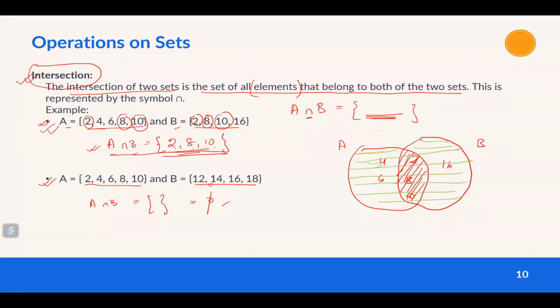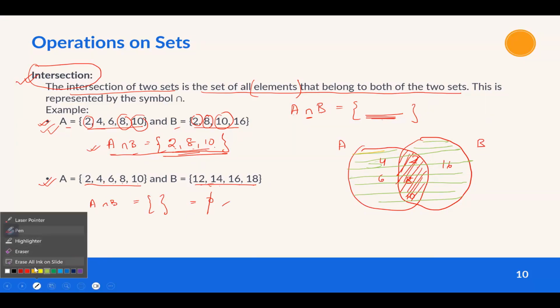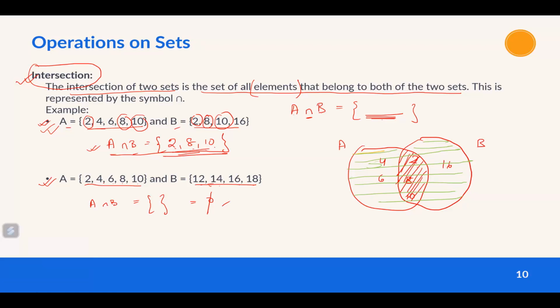So union of A and B will contain all the elements which are present in A as well as in B. So this is the representation when we have union and intersection in the Venn diagram form. The Venn diagram considers the common part, or intersection, of both the circles, and the union will contain all the elements in both the set A and the set B.